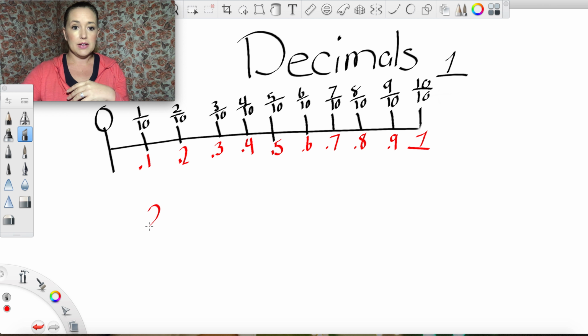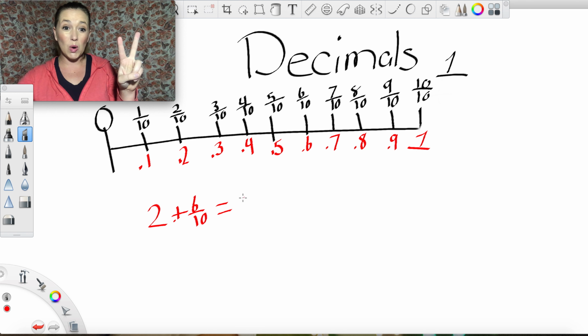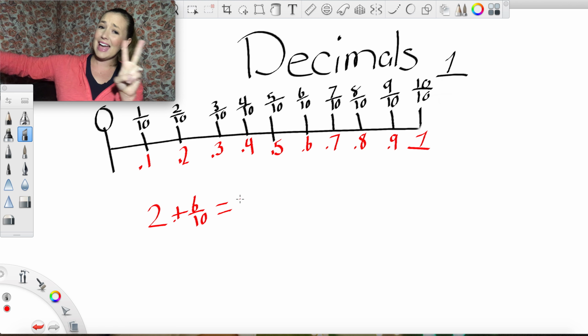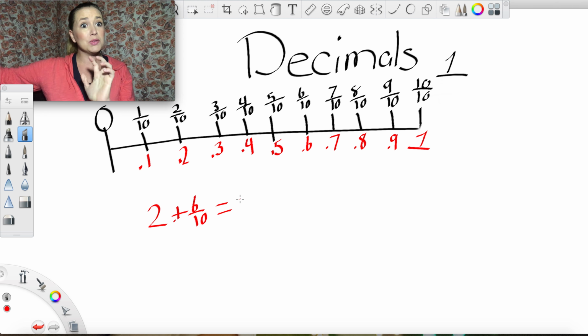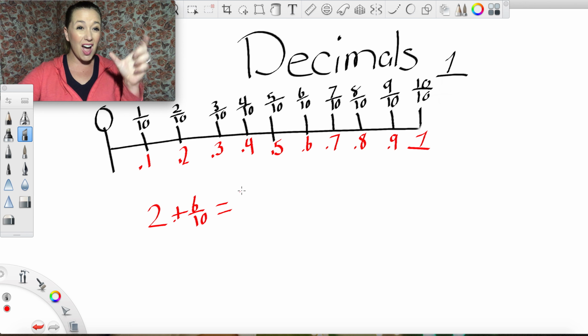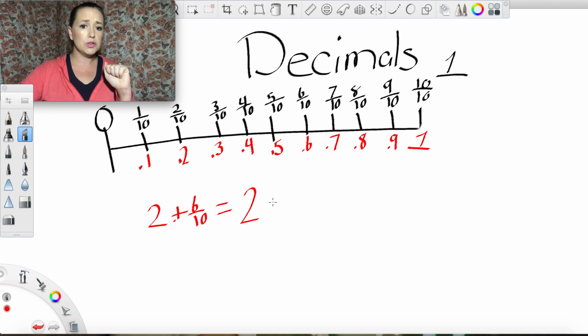So let's take 2 plus 6/10. Okay, that's saying I've got 2 wholes and then I have 6/10. So I'm almost to 3 wholes, but not quite. So that would be 2 6/10.